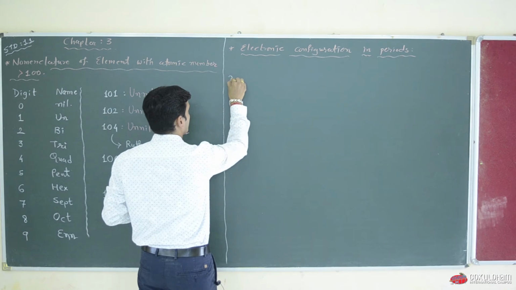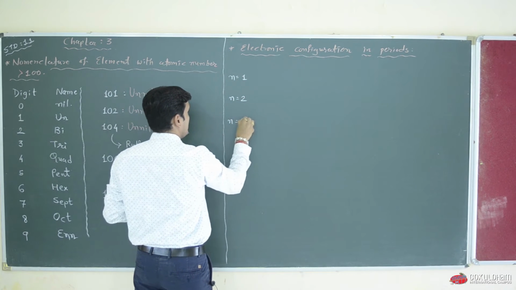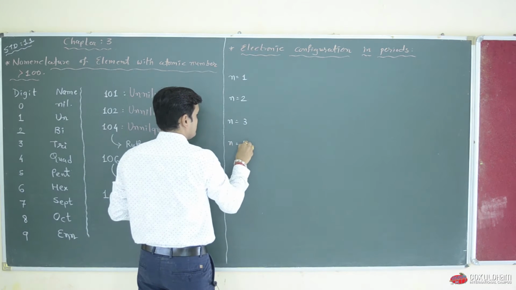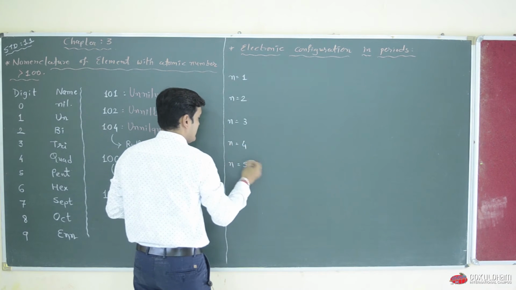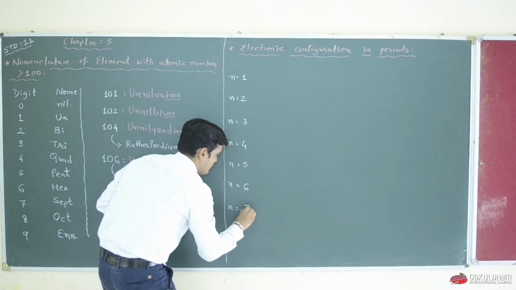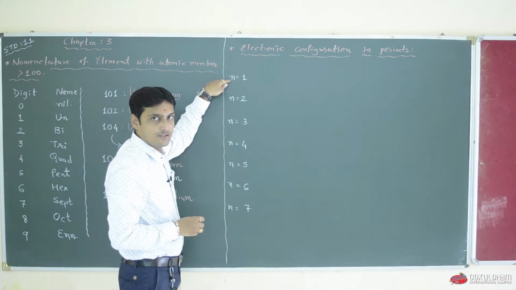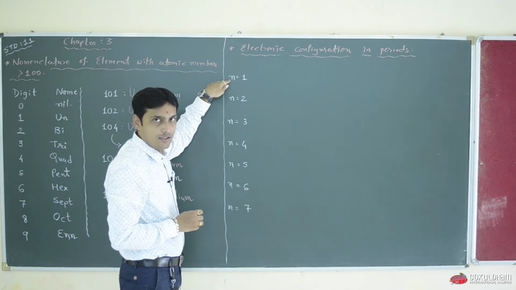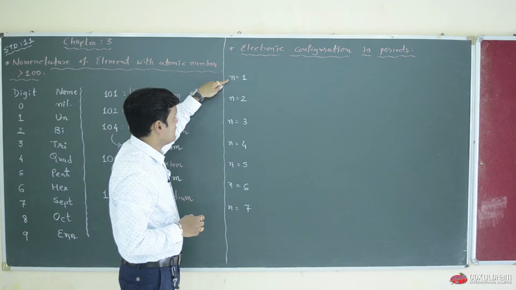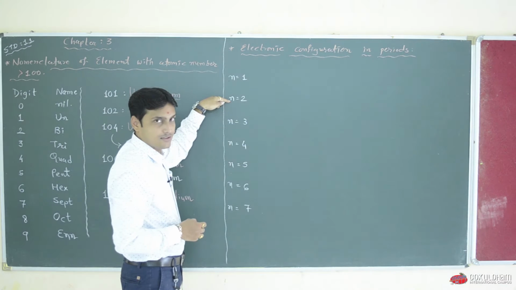Suppose n is equal to 1, 2, 3, 4, 5, 6, and 7. You know very well this small n is known as the principal quantum number. n is equal to 1 means first period, n is equal to 2 means second period.